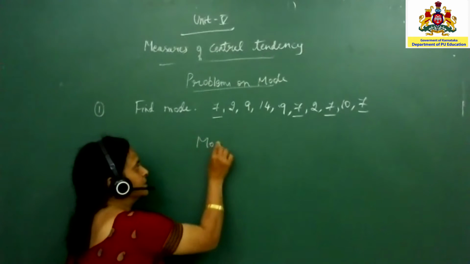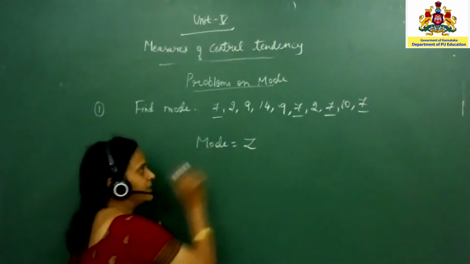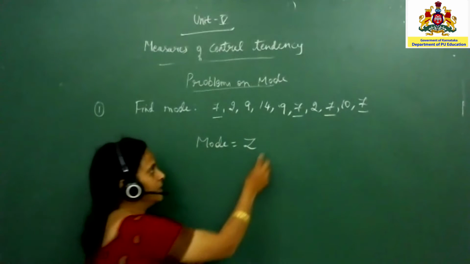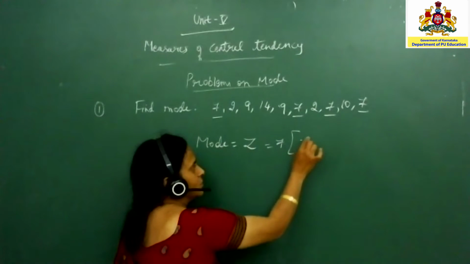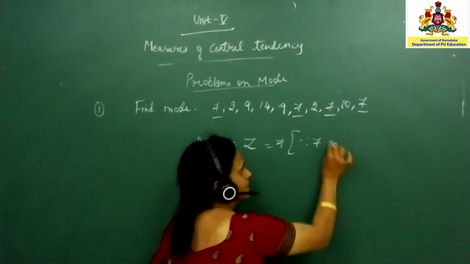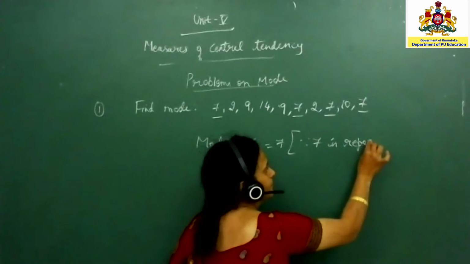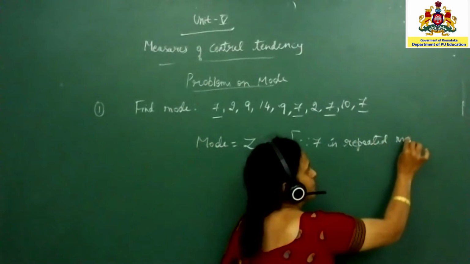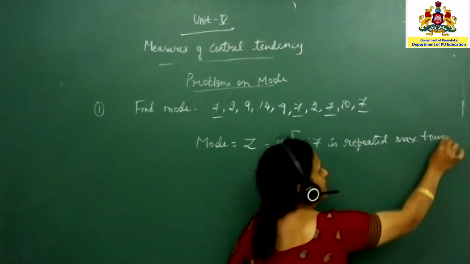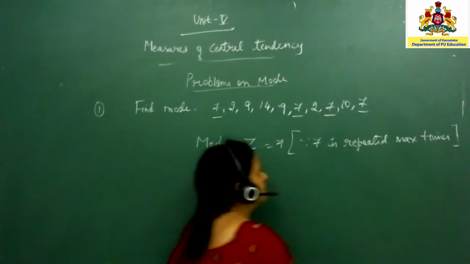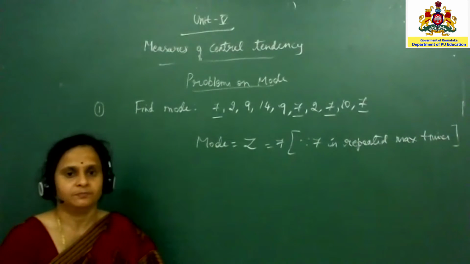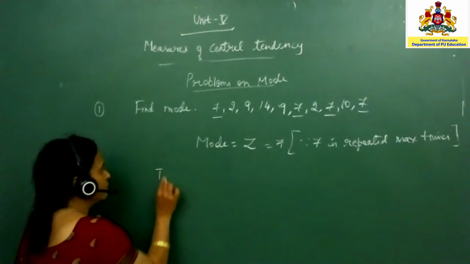Therefore, the mode, which is represented by Z, is 7, because 7 is repeated the maximum number of times, 4 times. So mode is 7.